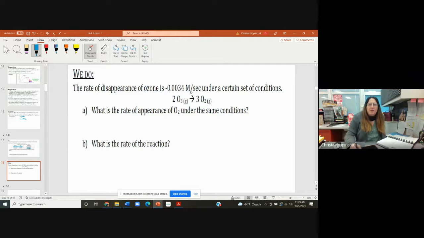So if this is the rate of disappearance, the rate of the appearance would be what? The same, just positive. So it's going to be positive because we're appearing. Exactly. Matthew, my goodness, you were on it today. So 2 moles of O3, that's here, and 3 moles of O2.